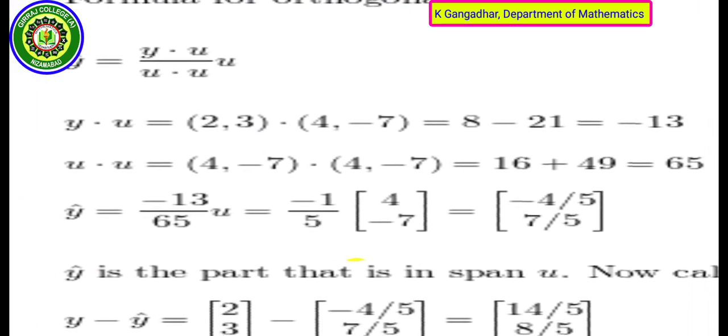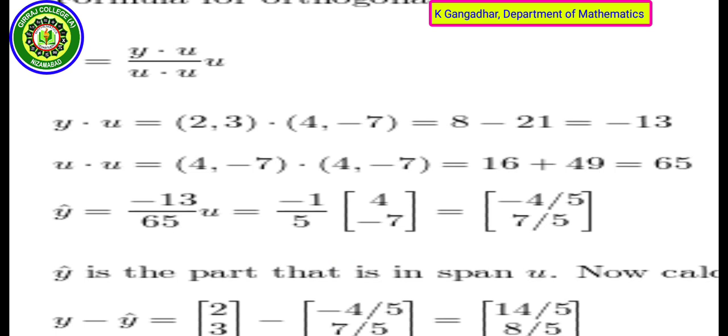So y dot u is -13, u dot u is 65, and y cap is (-4/5, 7/5). First we write y cap as the part that is in the span of u.